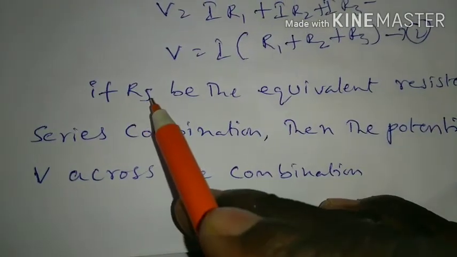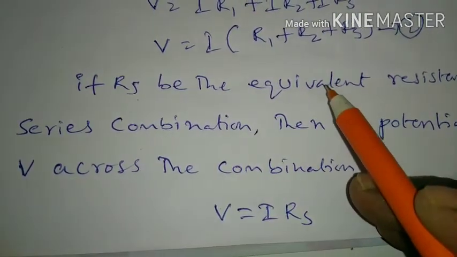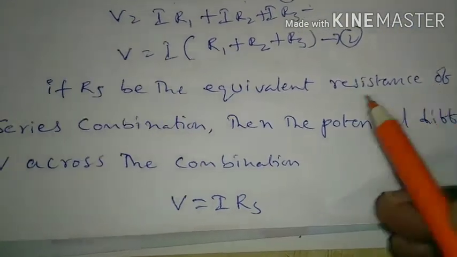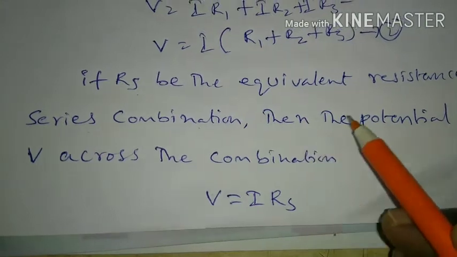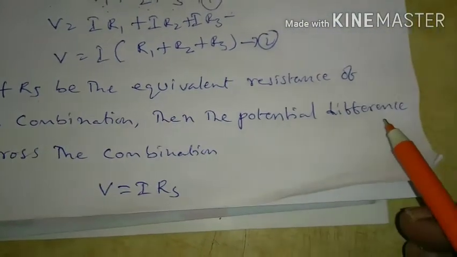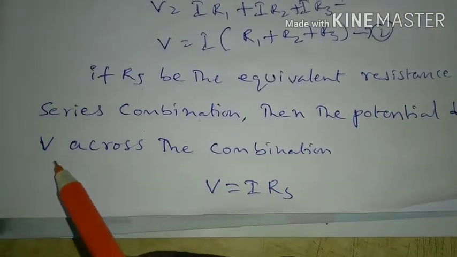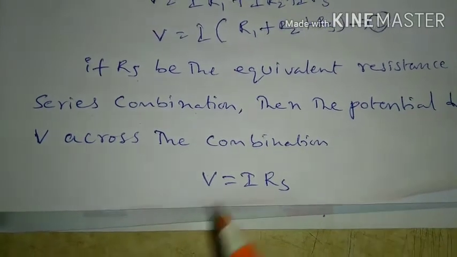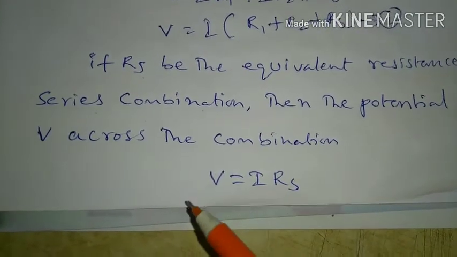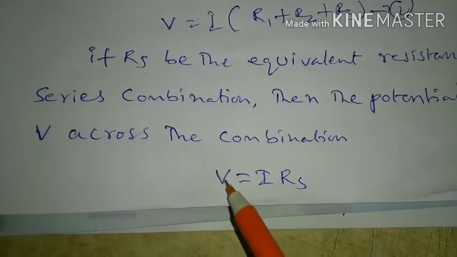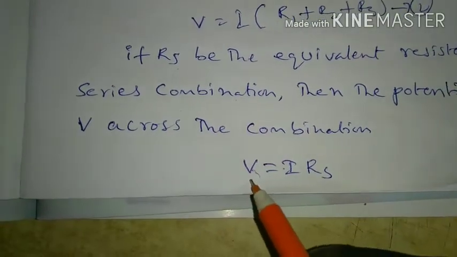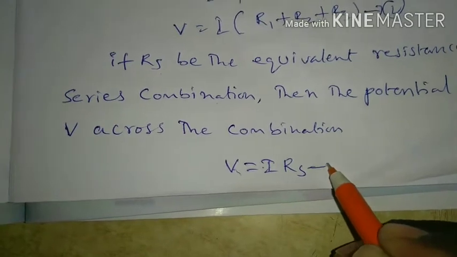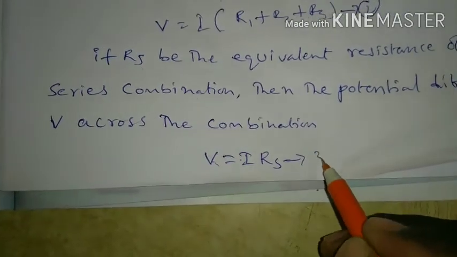If Rs is the equivalent resistance of the series combination, then the potential difference across the combination will be V is equal to I into Rs. This is equation 3.